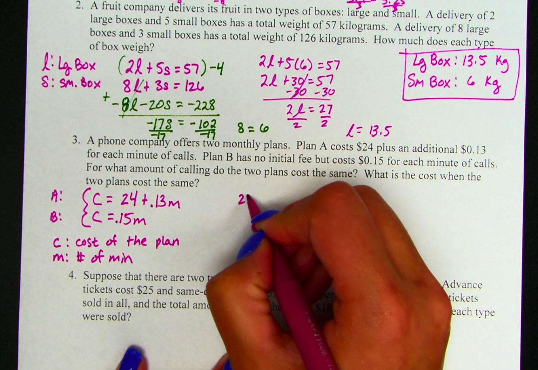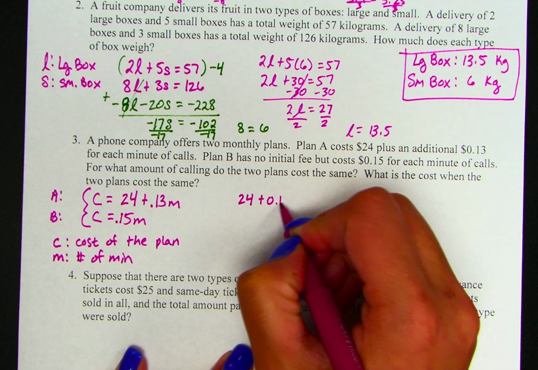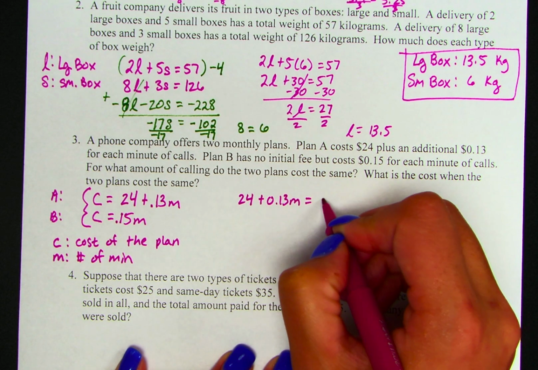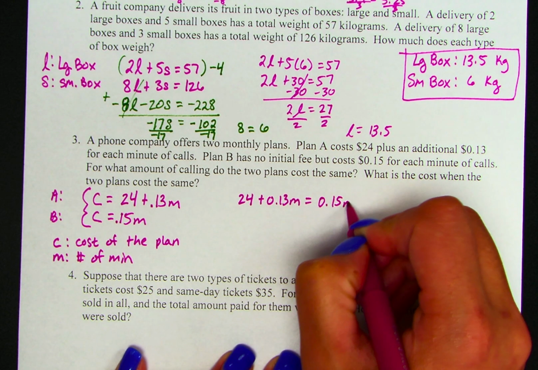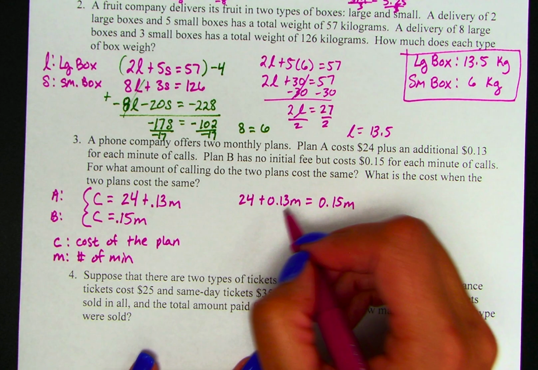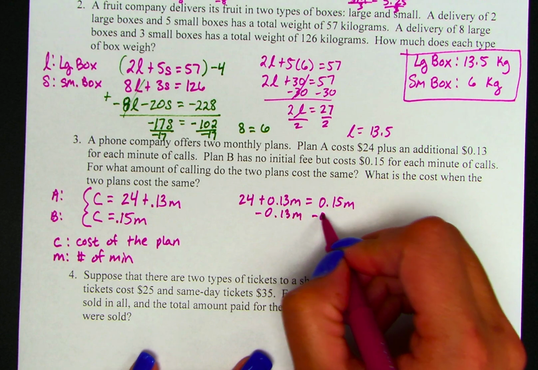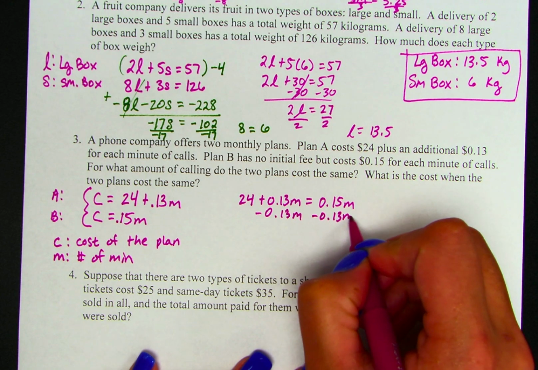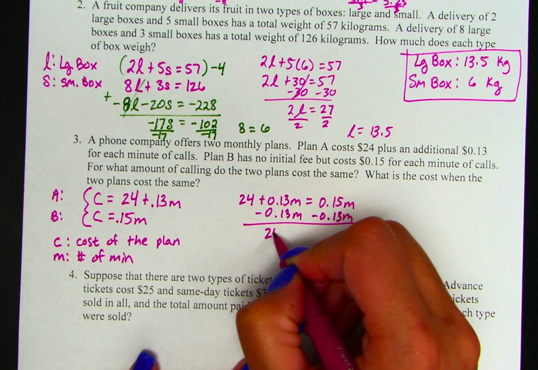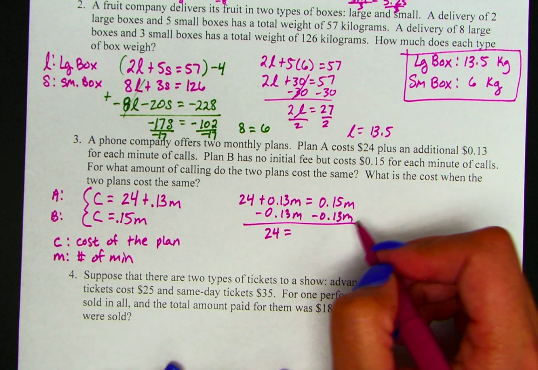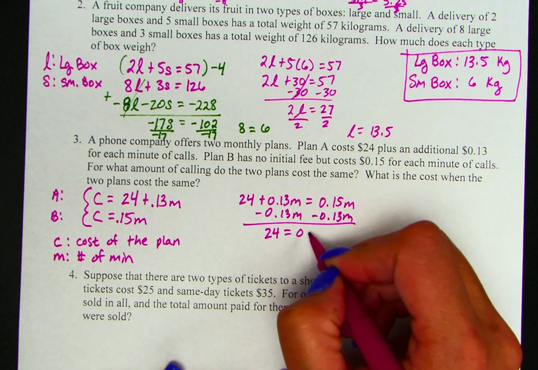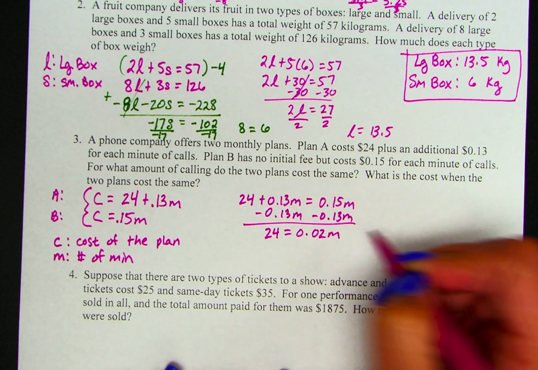So I'm going to have 24 plus 0.13 m equals 0.15 m. So I'm going to subtract the 13 over. So that will be 24 equals, and this should be 0.02 m.